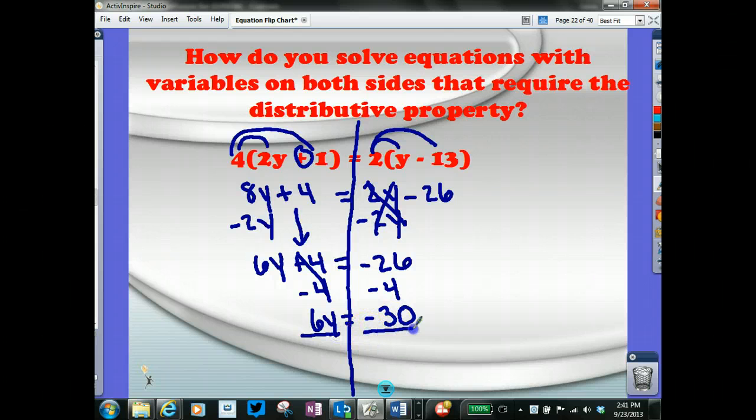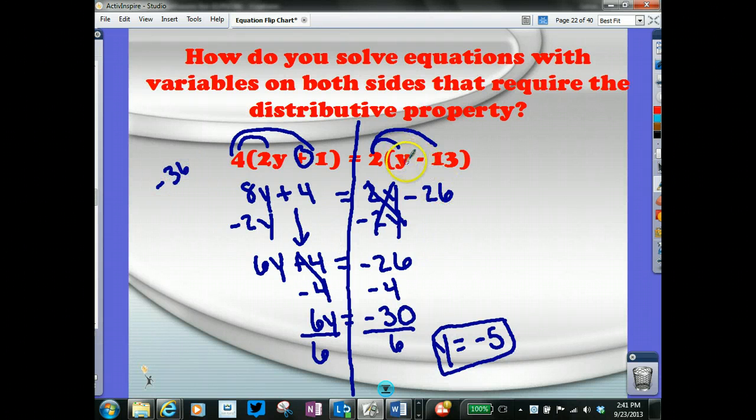Solve for the y. Divide both sides by 6. And I'll get y equals negative 5. If I want to, I can test it and take my negative 5, plug it in. 2 times negative 5 is negative 10, plus 1 would be a negative 9, and that would be multiplied by 4, and that would be what, negative 36?